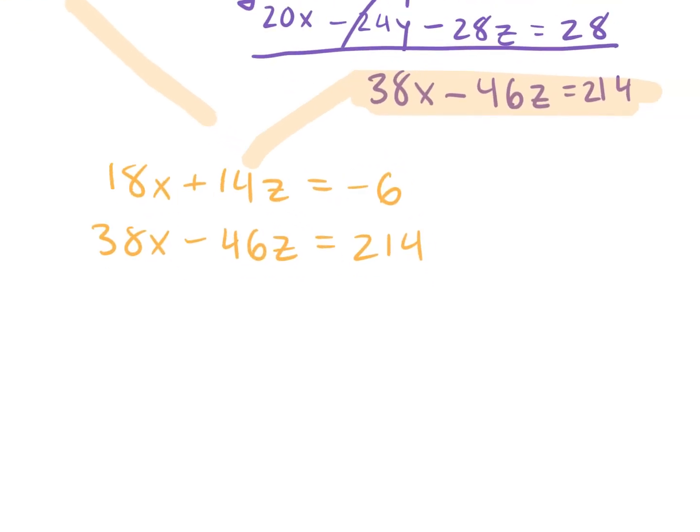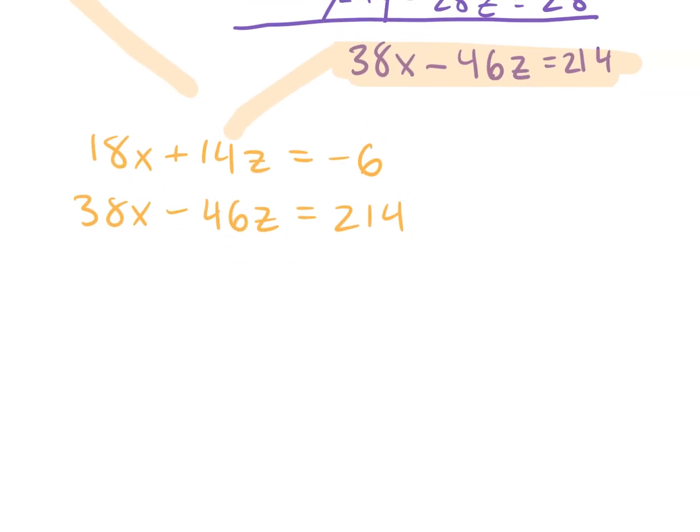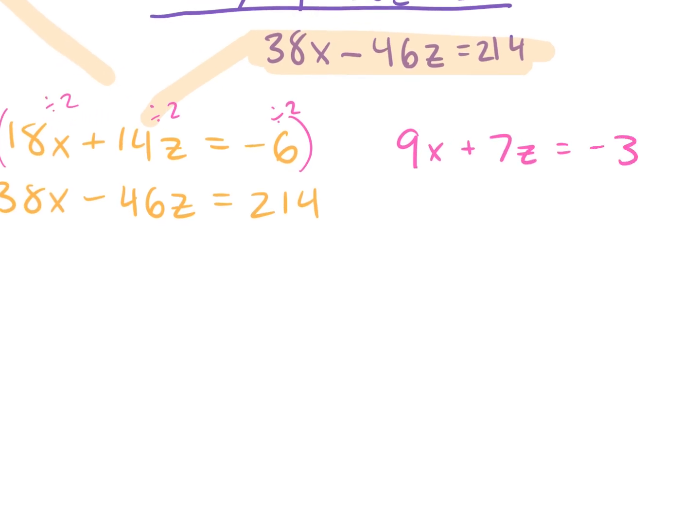Well, let's divide and make these numbers a little bit smaller for us. What number goes into 18, 14, and 6? 2. So I'm going to divide all of this by 2. So this would become 9x plus 7z is equal to negative 3.